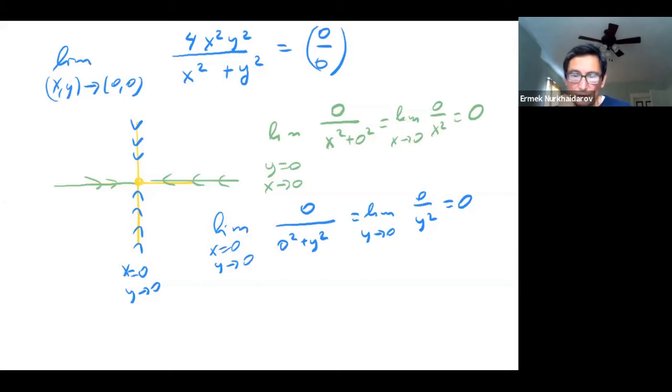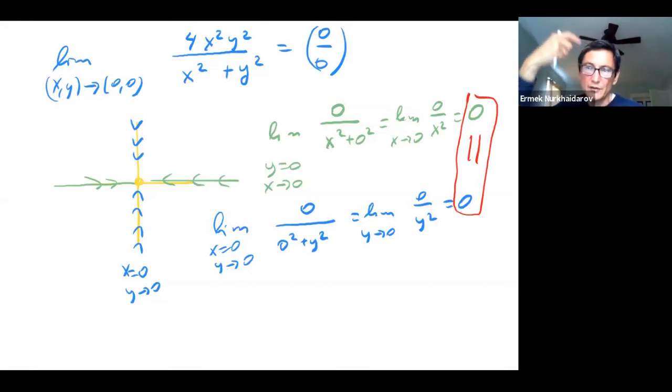Okay? So far, nothing is wrong because they are the same. 0 equals 0, that's not a contradiction. So approaching from left and right, you get 0, from above and below, you get 0, so we're still in good shape for the limit to exist.